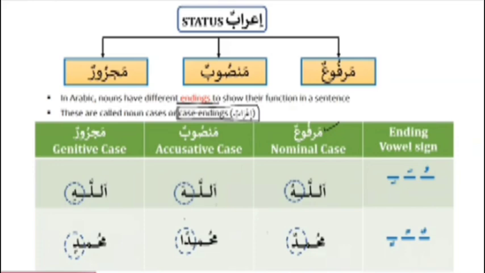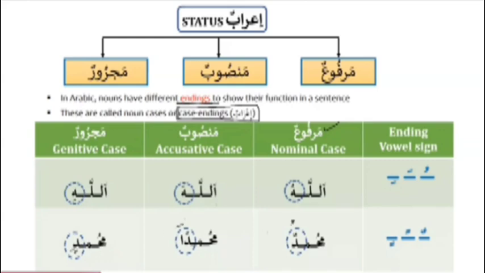Yes, please wait for a minute, because inshallah, when we look at the examples, it will be easy to understand what I'm talking about. As of now, you might be thinking, when it has dhamma it is marfu, when it has fatha it's mansoob, and when it has kasra it is majroor. The only thing we need to know is whether it has dhamma or fatha or kasra, or dhammatain or fathatain or kasratain, they are the same.